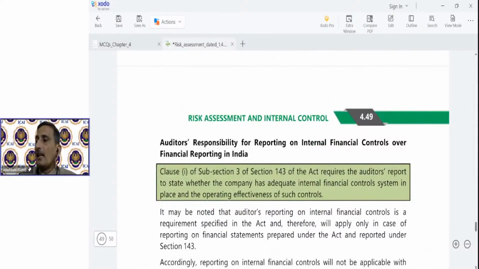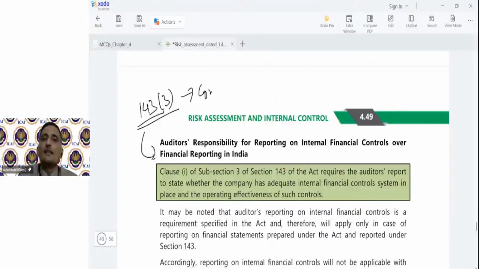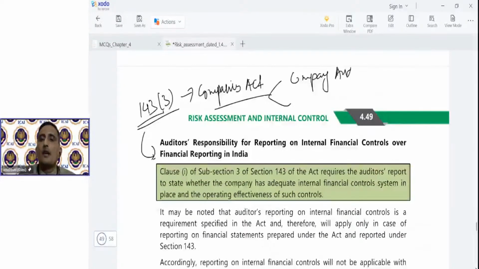Now, auditor's responsibility for reporting on internal financial control. As I have told you, under section 143 subsection 3 of Companies Act, this you would also be reading in your chapter on company audit and also in your company law classes.